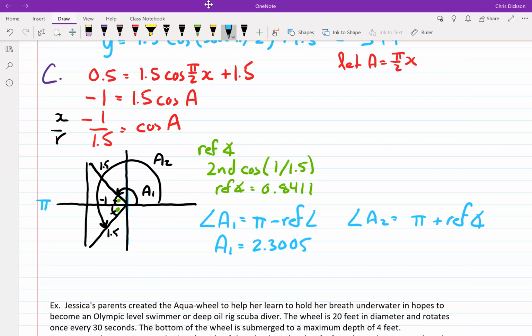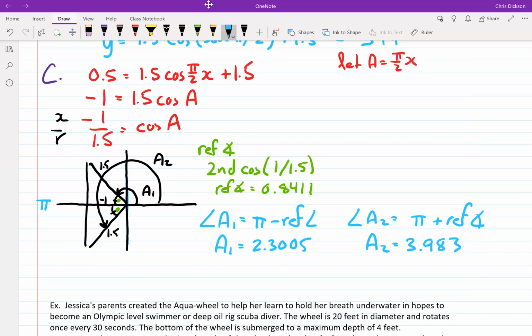Then I'm going to calculate that again, 1 divided by 1.5, so I get 0.8411. Now I go pi plus that number, and I get a value for angle A2 equal to 3.983. These numbers are in radians because they're just looking at where you are on the graph.